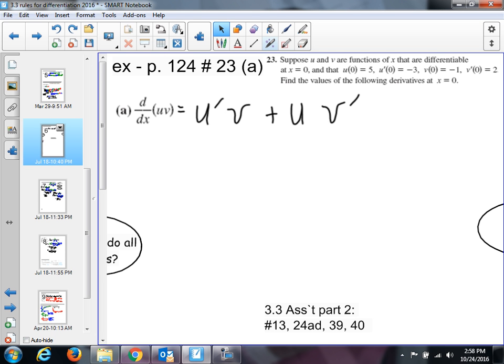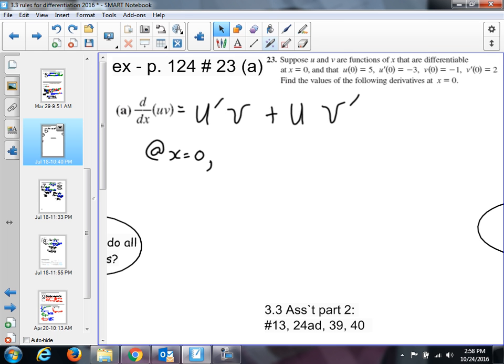Well, then what? I'm supposed to evaluate it at x equals 0. You guys know what to do next? At x equals 0, this expression becomes, so u prime at 0 is negative 3.